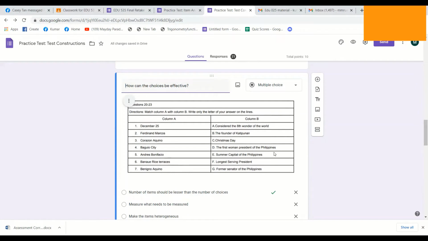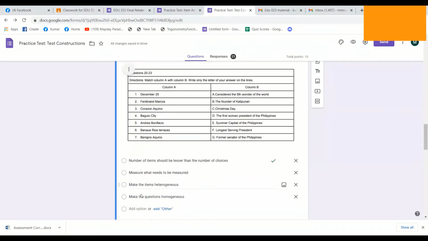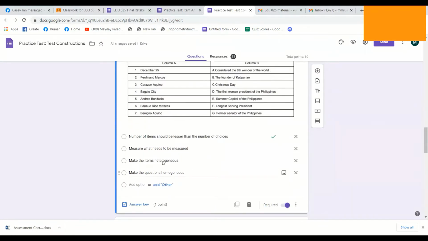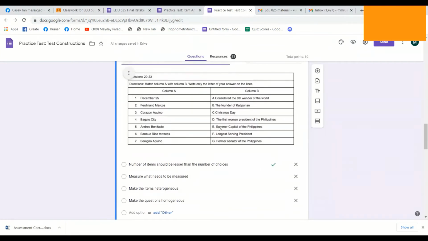Here, the column B, that refers to column B. If you want to make effective options, so number one, there should be homogeneous options. So you have to make homogeneous options. So do we have it here? We know that the options here are not homogeneous, but do we have it here? Wait lang.